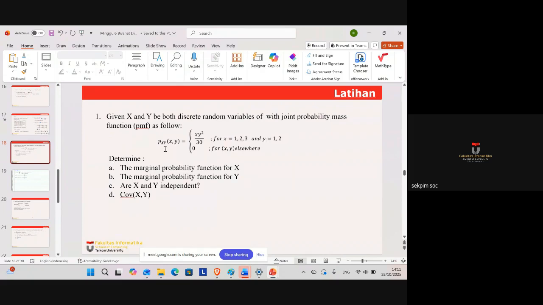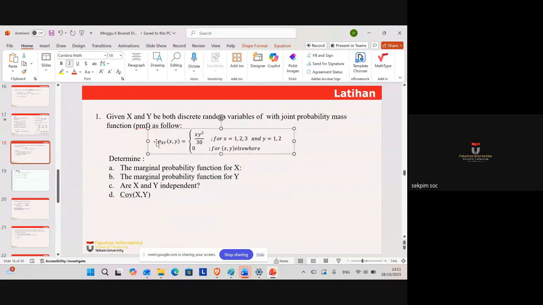Okay, and what we need to determine here is the marginal probability function for x and the marginal probability function for y, which I explained to you last time.